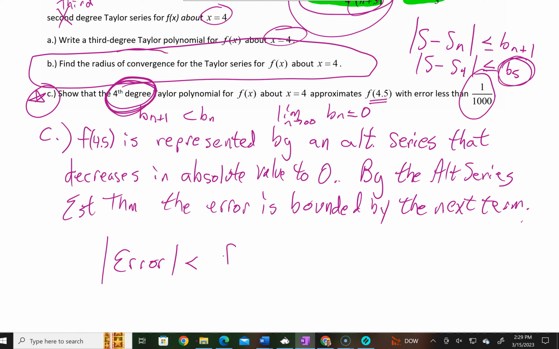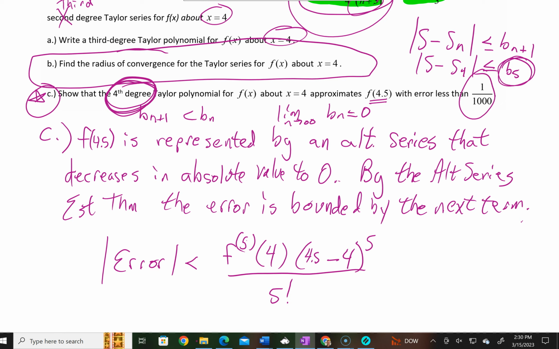We're going to say, well, we're going to have your f sub 5 of 4, x minus 4 to the 5th all over a 5 factorial. But you know what? This x right here, we're actually going to plug in a 4.5.